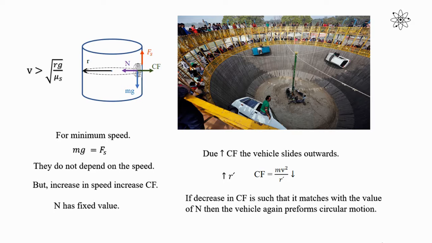When the decreased centrifugal force again gets matched with the normal reaction, the vehicle starts moving along the circular path instead of sliding in the outward direction. So if you observe the picture of the well of death, the radius of the well increases from bottom to top. If you increase the height of the wall more, you can achieve any possible speed for the motion. Hope you understand the concept, student.